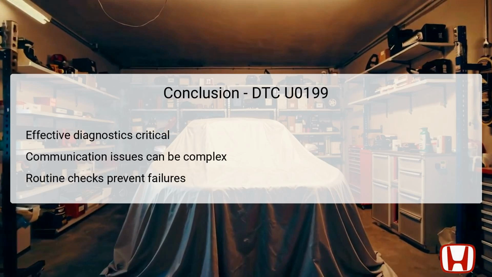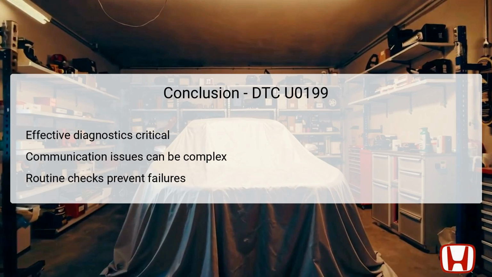In conclusion, thorough diagnostics are essential when addressing DTC U0199, as communication problems between the driver's MICU and the Door Multiplex Control Unit can become complex. Understanding the components involved is key to navigating through the troubleshooting steps effectively.